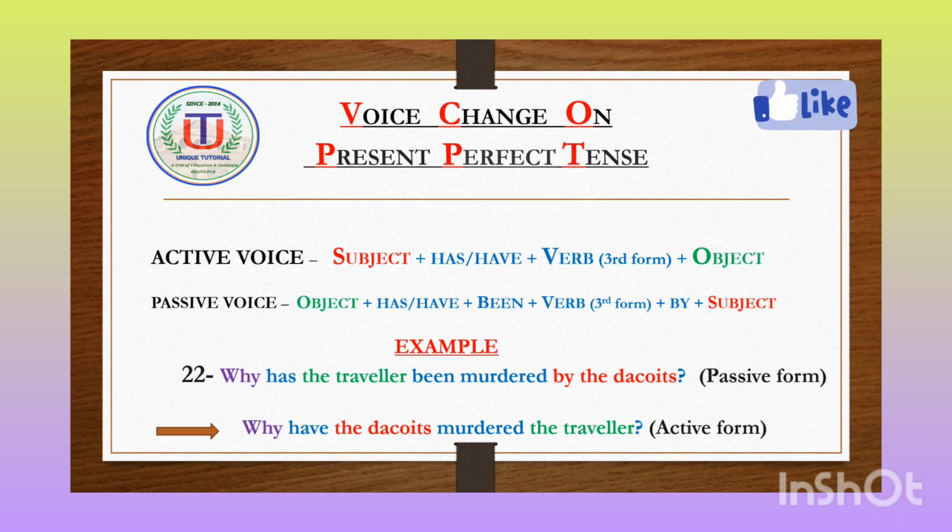Example number 22. Why has the traveler been murdered by the dacoits? The sentence is in passive voice and in present perfect tense. So in active form it will be, why have the dacoits murdered the traveler?